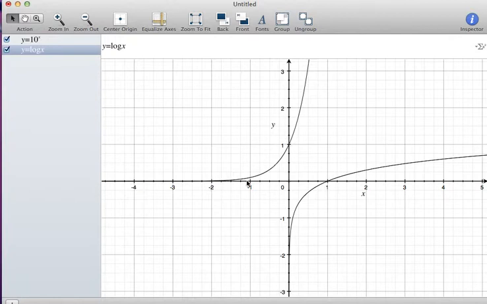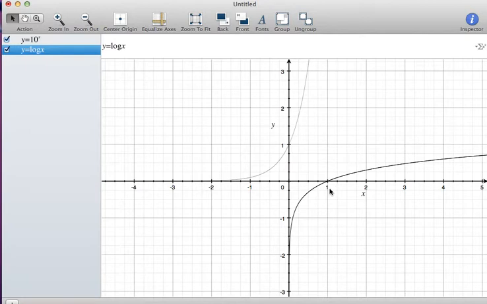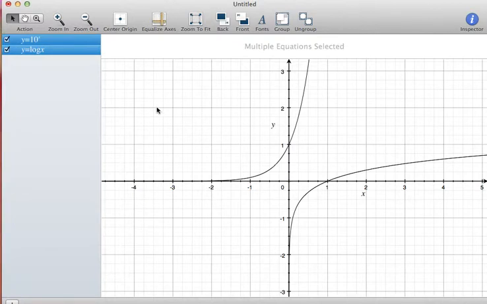So for y is equal to 10 to the x, the domain is all real numbers, and the range is from 0 to infinity. Meanwhile, for y is equal to log x, the domain is from 0 to infinity, and the range is all real numbers, negative infinity to infinity. So that's an interesting little thing about inverse functions and their properties.